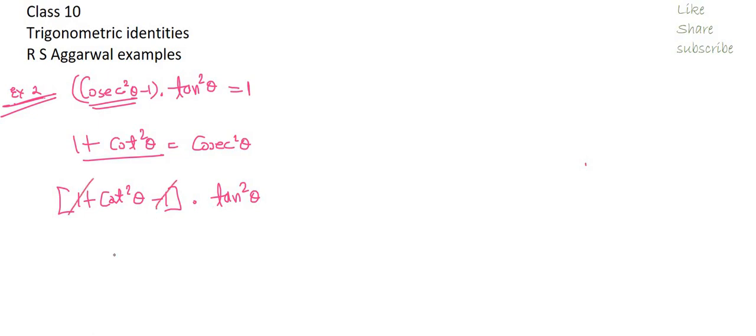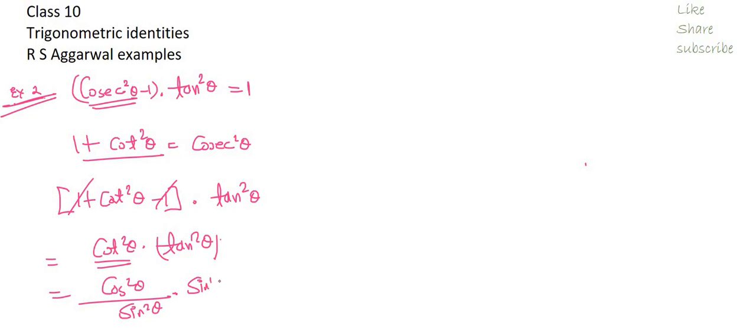Now 1 and 1 cancel. So it is cot square theta into tan square theta. And what is cot square? Cot square is nothing but cos square by sin square, and tan square is nothing but sin square by cos square. So these two will cancel and 1, hence proved.